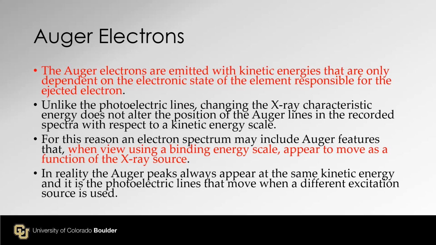But Auger features will move because kinetic energy stays the same, and we have to convert to the binding energy scale. So that's why, when we see the XPS spectrum on the binding energy scale, Auger peak location would be different depending on which incident X-ray you use, while XPS peaks do not move.